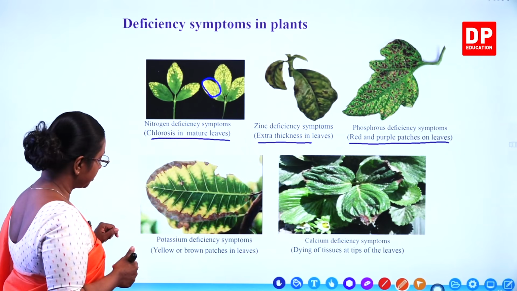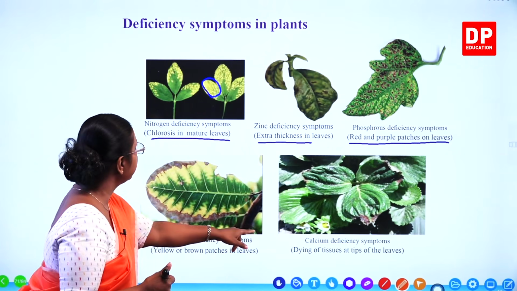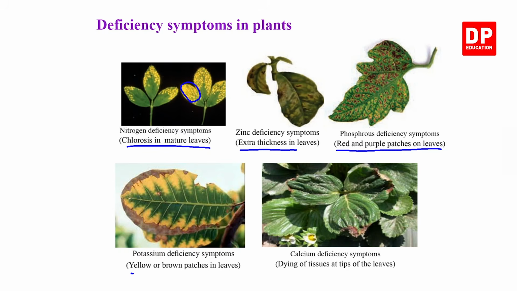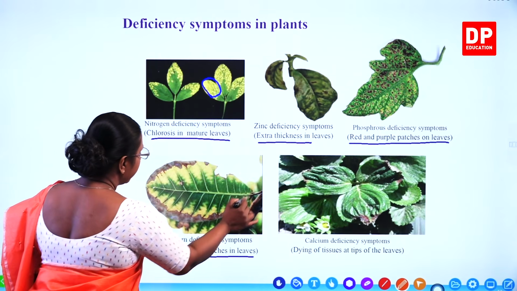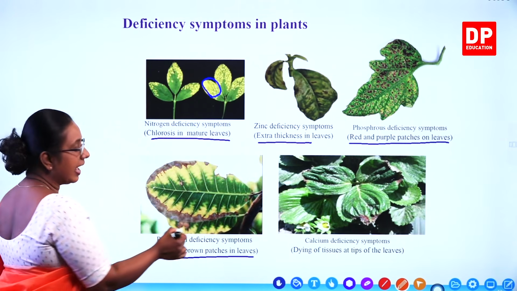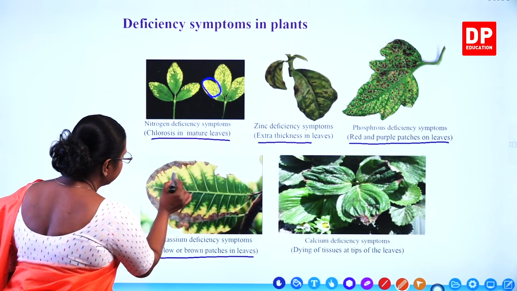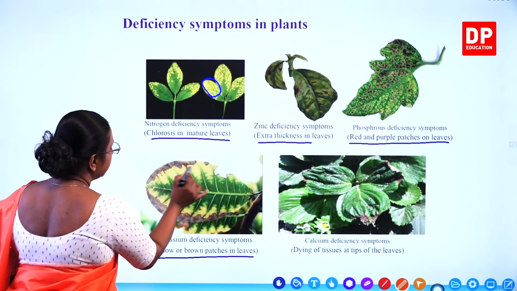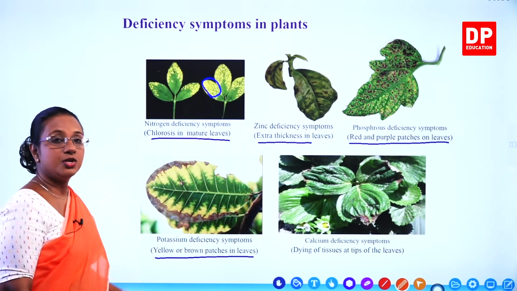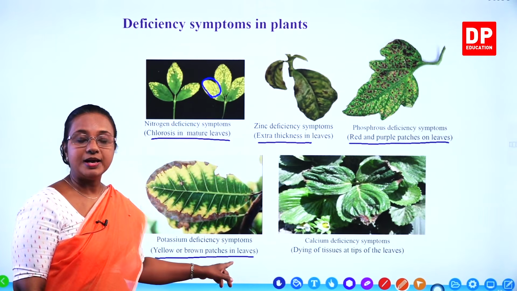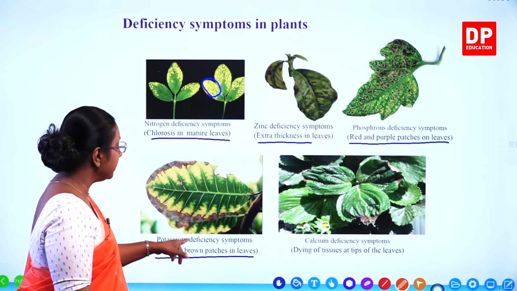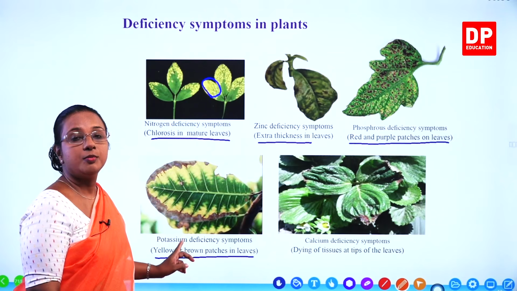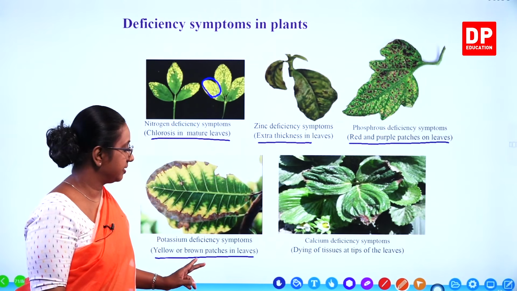Then the next picture shows the potassium deficiency symptom where you have yellow and brown. Here you can see the outer edge of the leaf is dry and brown in color, and inside there is yellow color area. So, yellow or brown patches in leaves is a deficiency symptom of potassium deficiency.